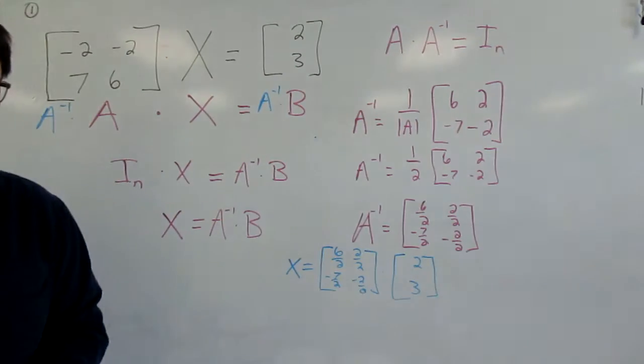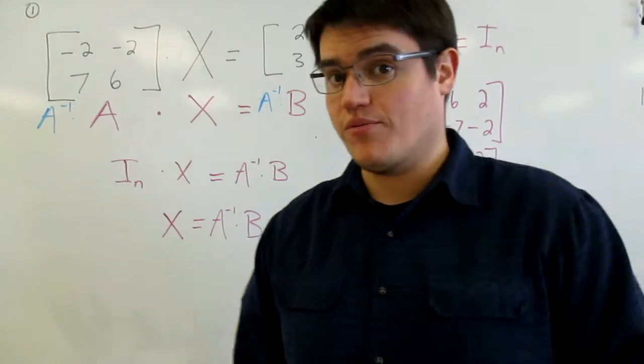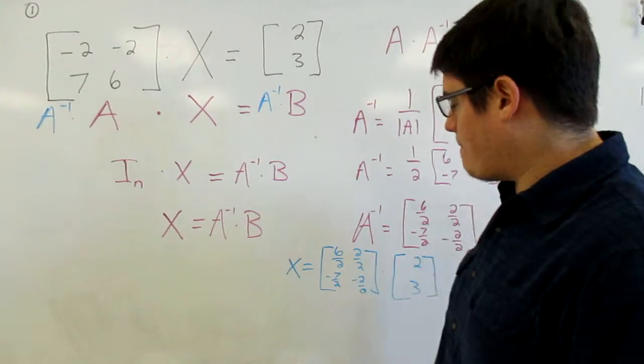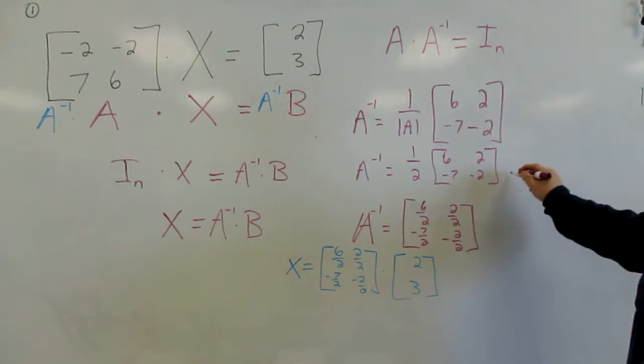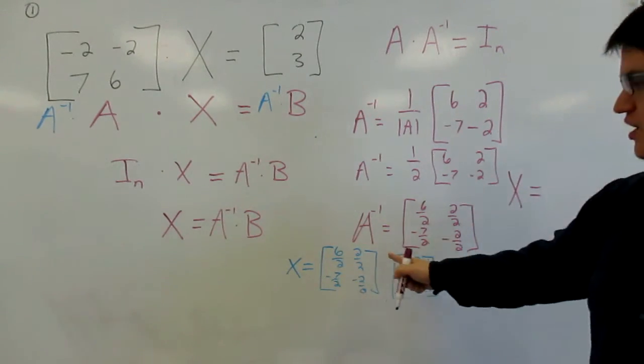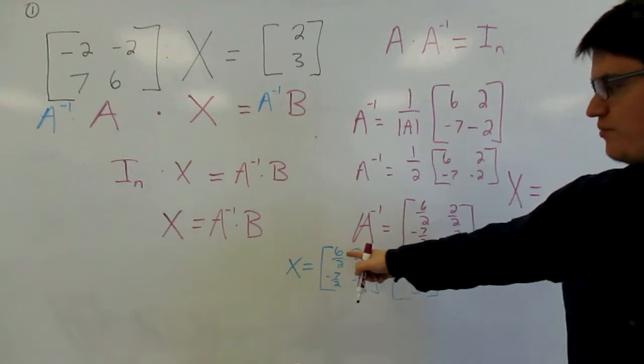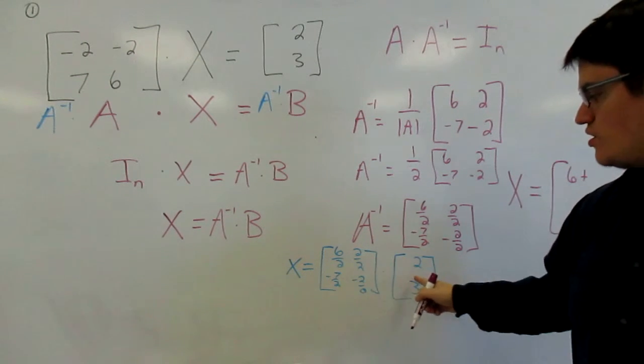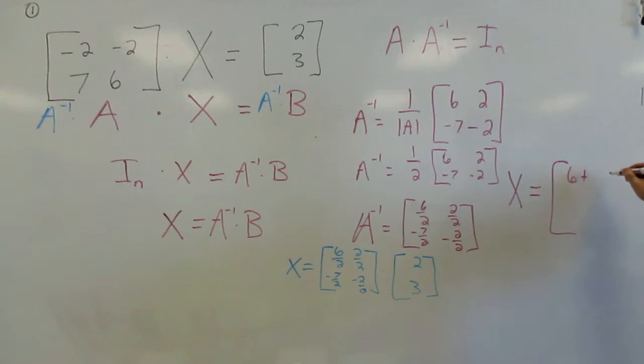Now, you really have to have multiplying matrices down. So if you're struggling with multiplying matrices, go watch that video. And then we're left with X equals this row times that column. 6 over 2 times 2 just gives me 6, plus 2 over 2 times 3 is just 3.